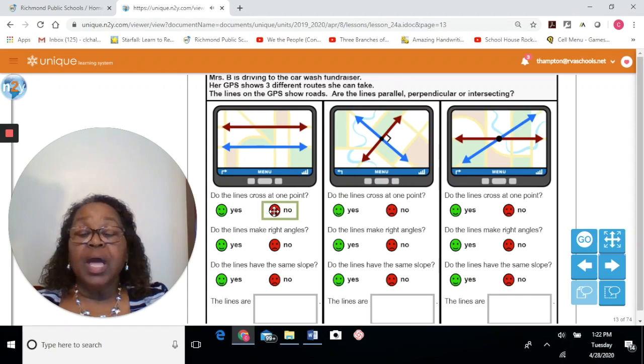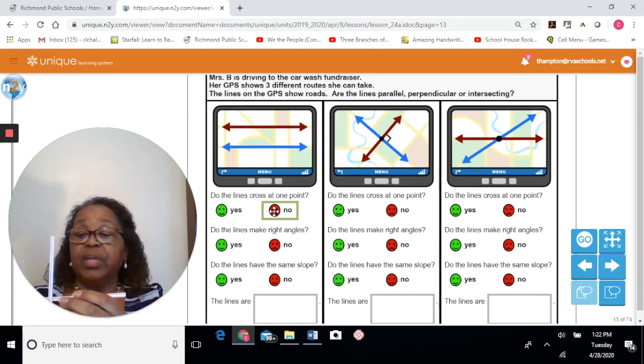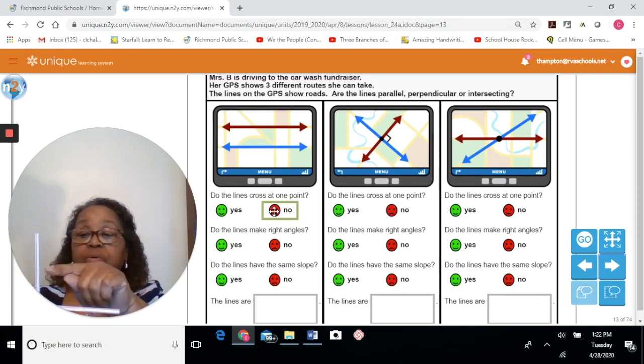Okay. Do the lines make right angles? And you remember what a right angle is. In order for the lines to make a right angle, they have to cross perfectly like this and make a right angle like that.